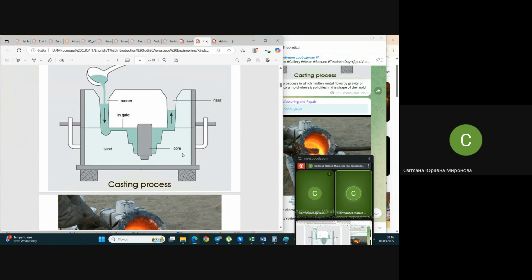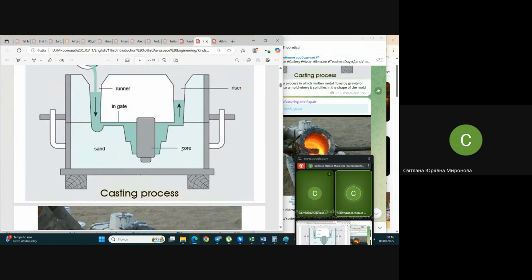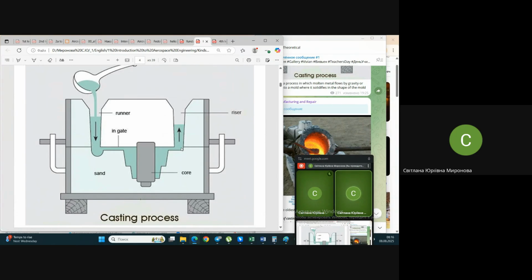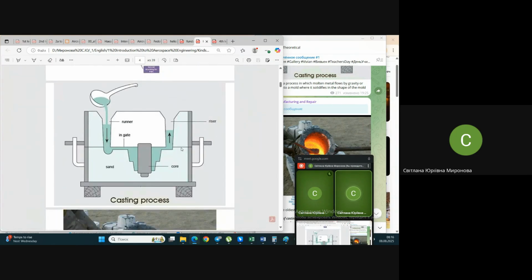What does it mean, sand casting? That is the most primitive, the most ancient way of casting, when people make the shape, this mold, of sand, but really it's not quite sand. It's the mixture of soil, sand, and some adhesive materials, something like glue.